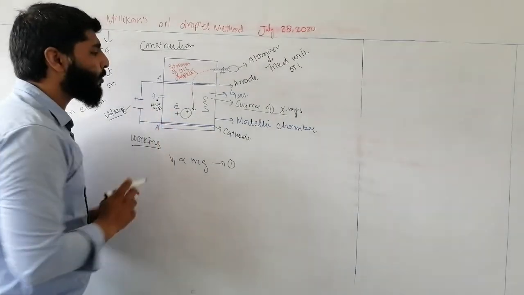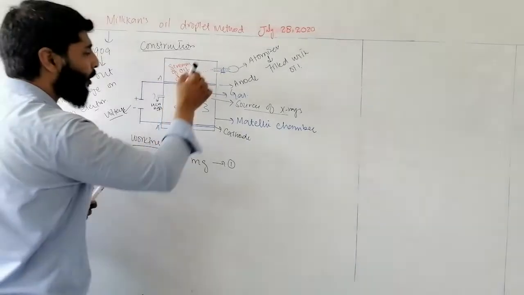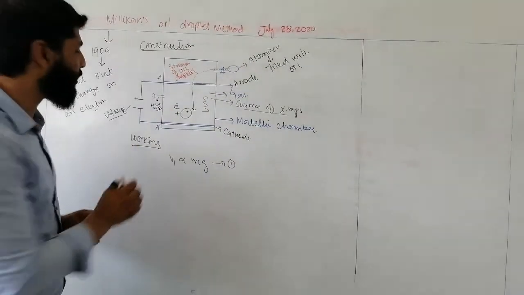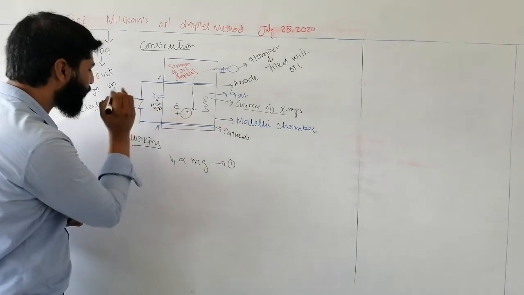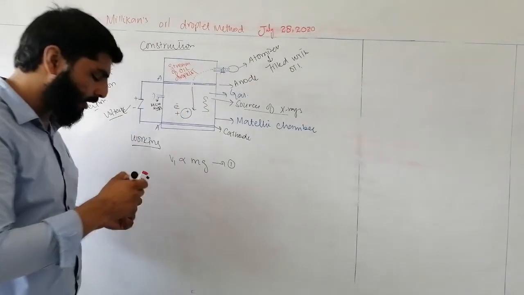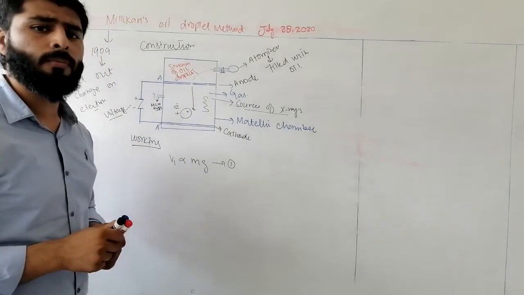When the electrons were produced, meanwhile the droplet was falling down, he applied the external circuit. He closed the circuit in order to generate an electric field.